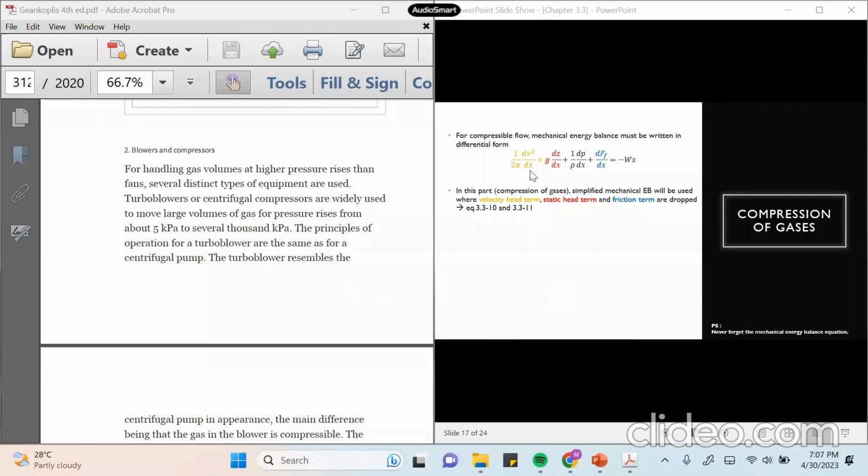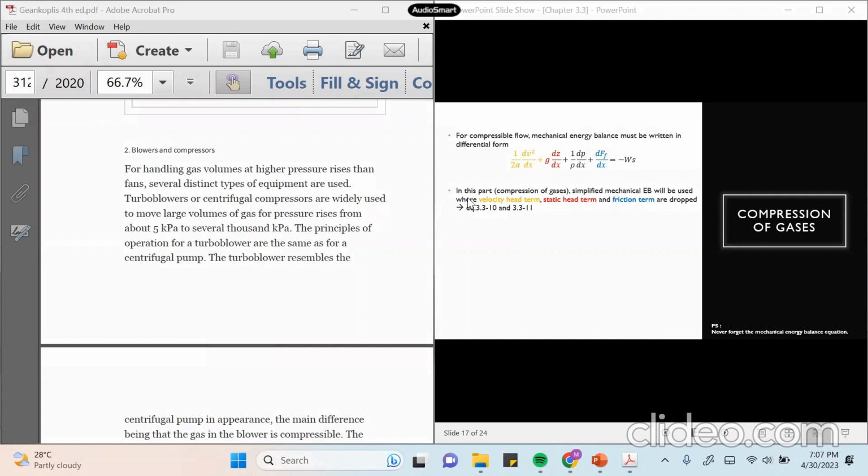So we will write it in differential form, because velocity, height, pressure, and friction will all change during the process.